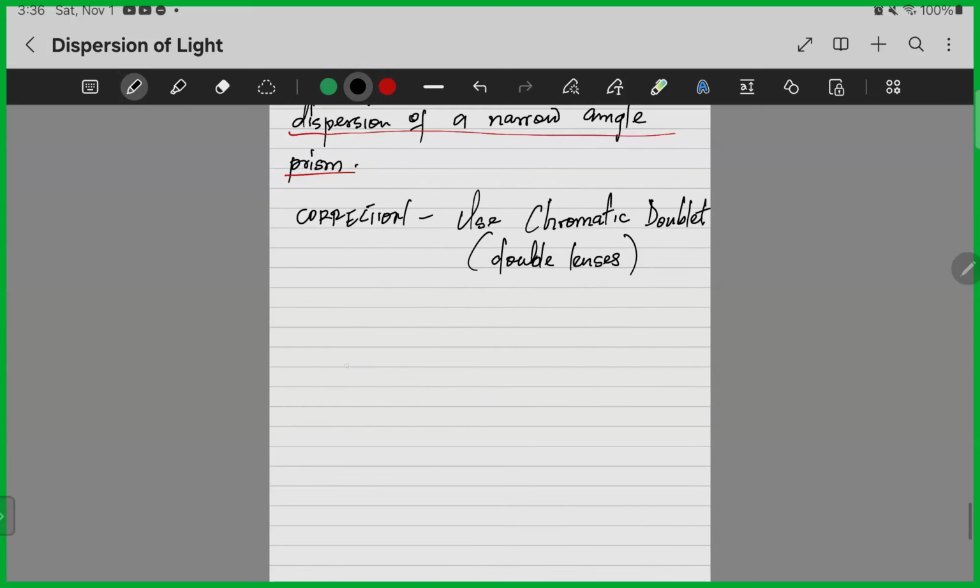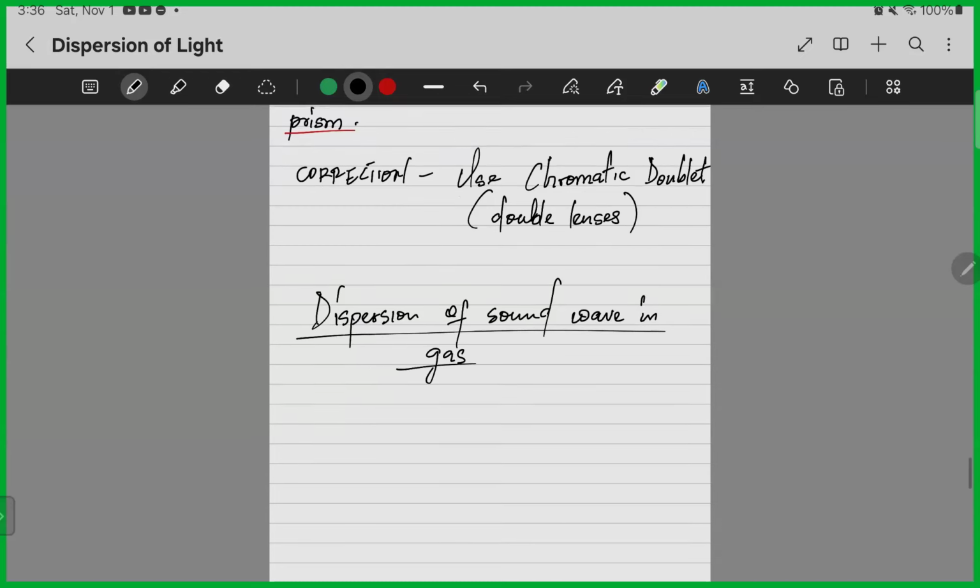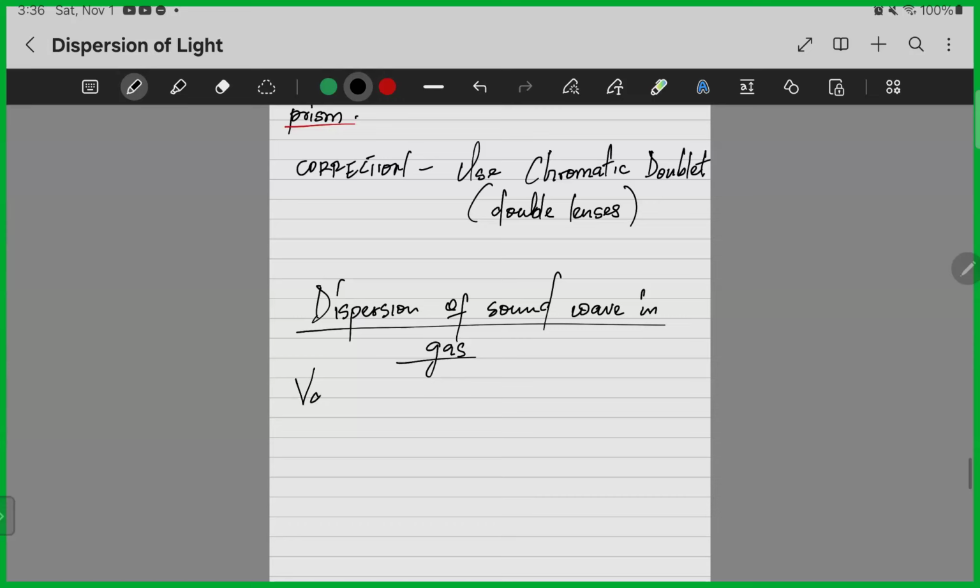Another subtopic: dispersion of sound wave in gas. Variation of velocity with frequency.